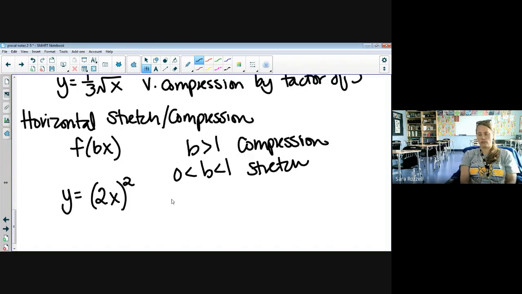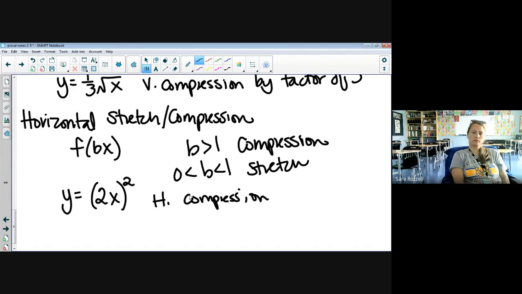Yeah, compression, sorry. Yeah, horizontal compression. So B is bigger than 1, so that is a horizontal compression. Which matches with the same thing that a vertical stretch does. Horizontal compression goes that way. And it's a horizontal compression, and it's going to shrink it by a factor of 2. It's going to be half the size it was before.